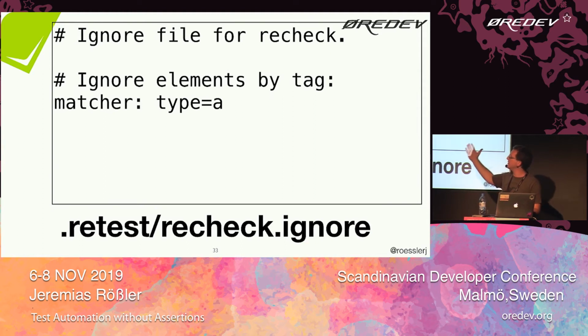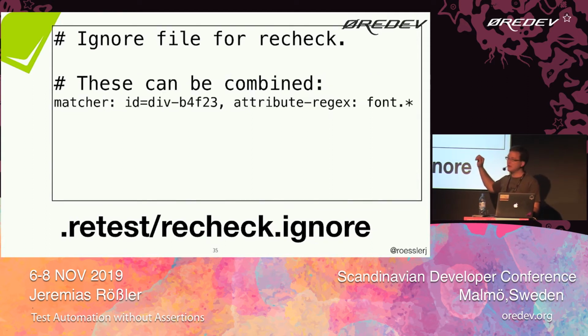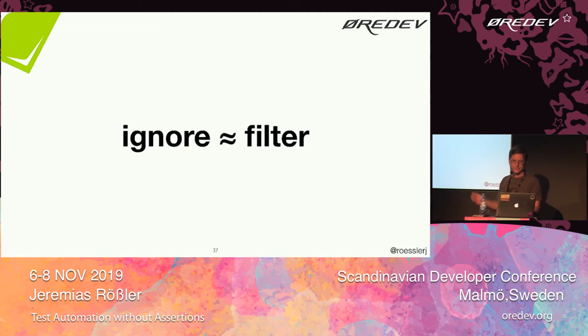I don't care about link attribute, links, like any link that goes anywhere, I don't care about. You can specify via ID or XPath or anything, and of course you can combine. You can say, okay, I wanna ignore the font for that specific UI element that I don't care about.